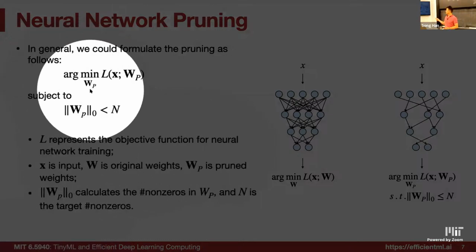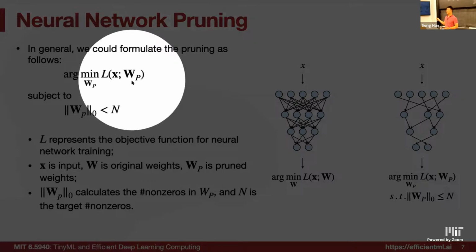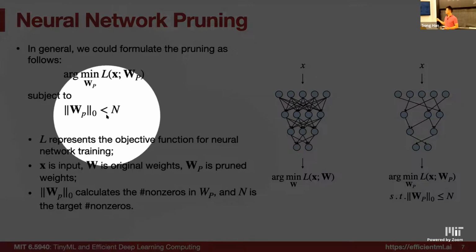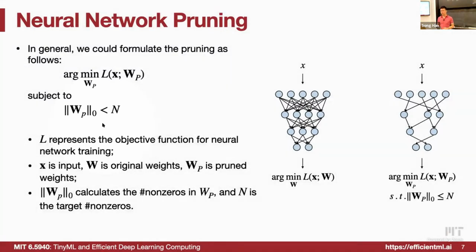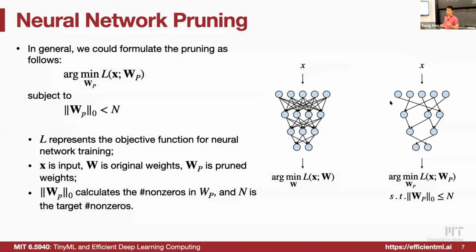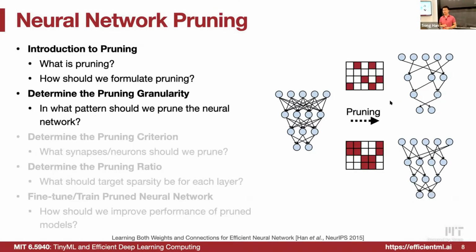We want to minimize this loss function when we have the pruned weights, WP, subject to the number of non-zeros being smaller than a threshold. So we only want to have a limited amount of non-zero elements in the neural network to make it sparse, and still minimize the loss.